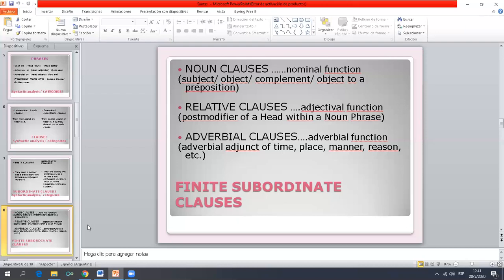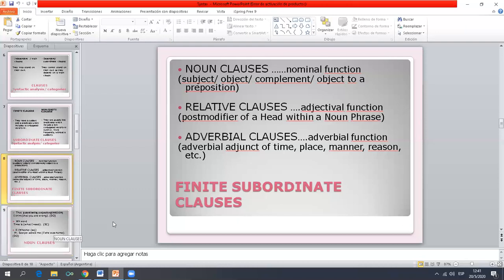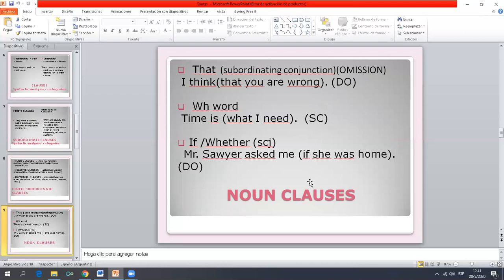Last week, we focused on noun clauses. We saw that they may be introduced by a subordinating conjunction like that, which may be omitted, or a WH word, or if, whether, which are some other subordinating conjunctions.